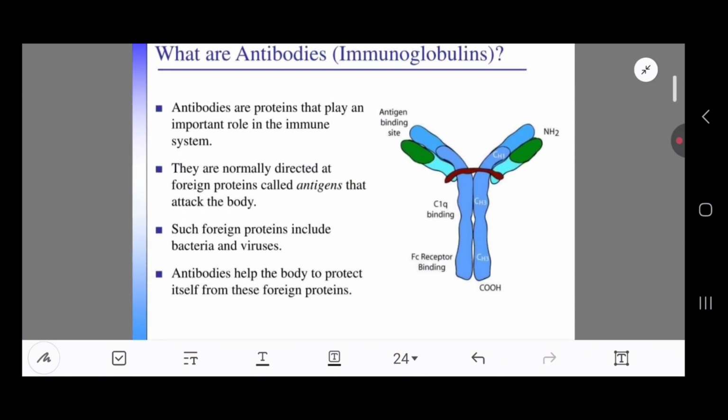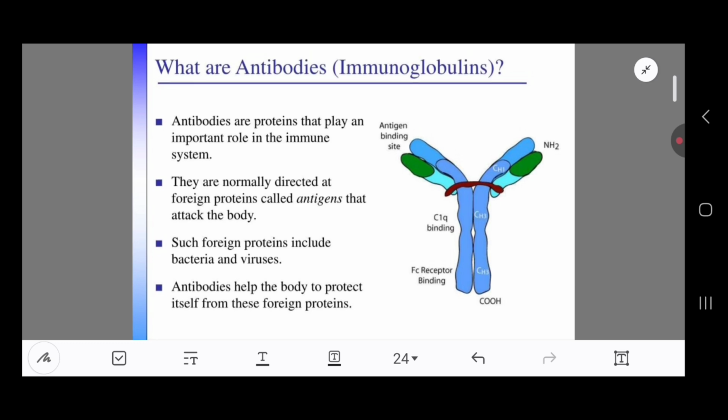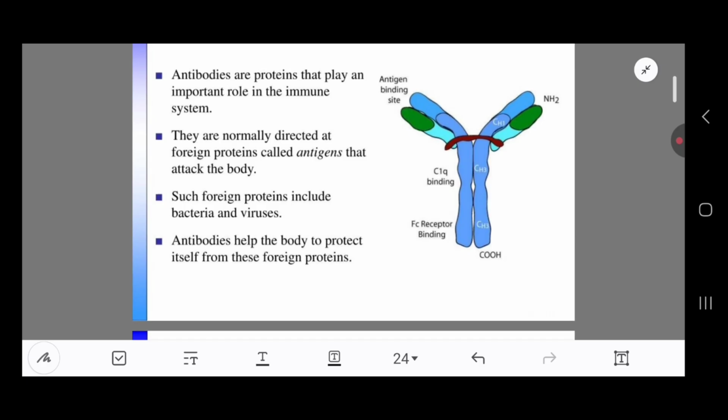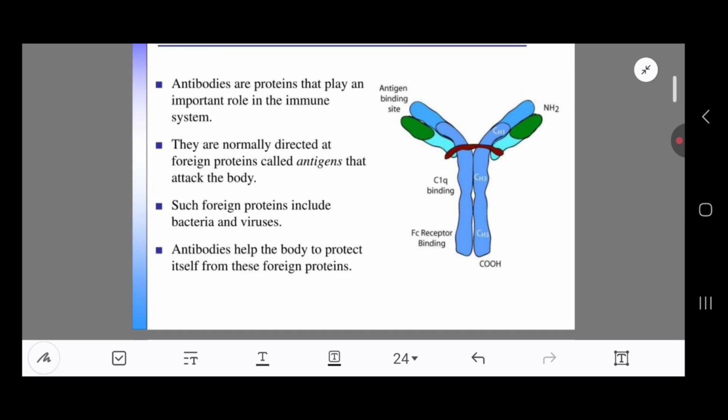What are antibodies or immunoglobulins? Antibodies are proteins that play an important role in the immune system. They are normally directed against foreign proteins called antigens that attack the body. Such foreign proteins include bacteria and viruses. Antibodies help the body protect itself from these foreign proteins.